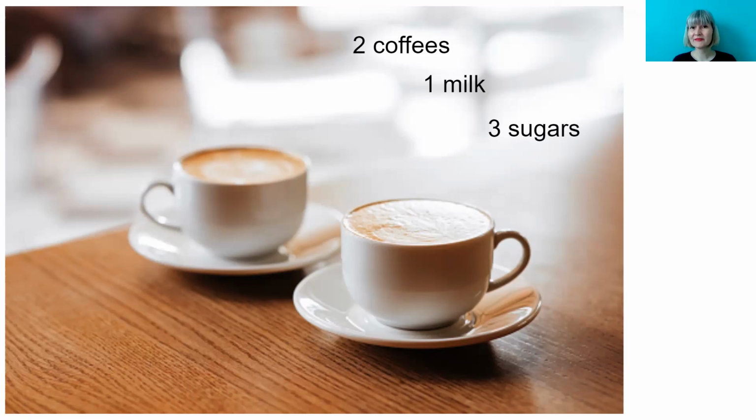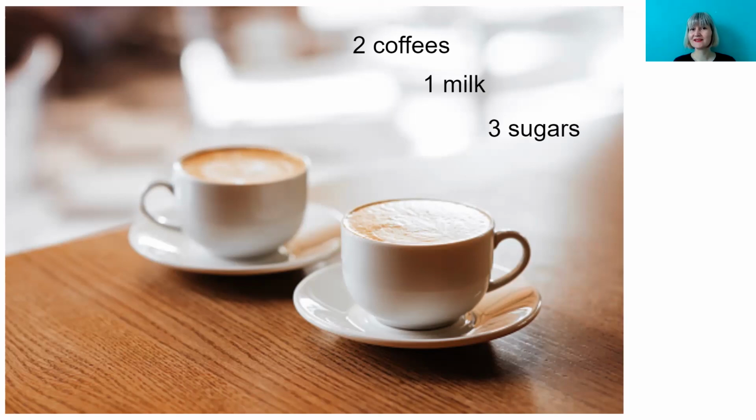То есть we really mean 2 cups of coffee. We really mean 1 container, 1 spoon of milk. We really mean 3 spoons again, or 3 packets of sugar. But in English, we tend to say everything quickly and say as few words as we can. Мы пытаемся сказать как можно меньше, поэтому со временем опустились именно слова юниты, вот эти единицы опустились, и окончание «с» пришло к этим неисчисляемым существительным.